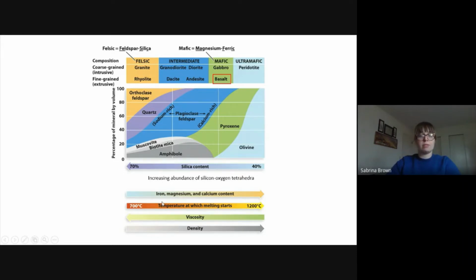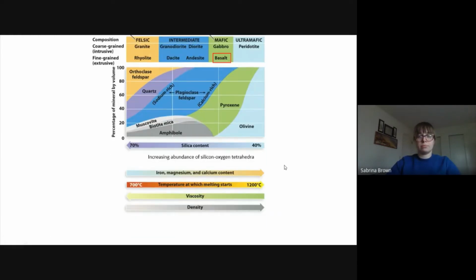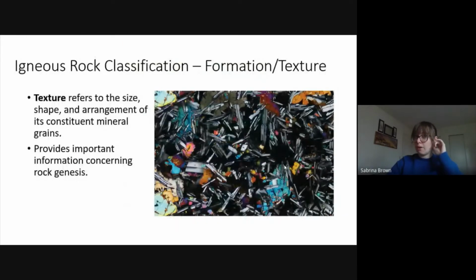And then we can also see that as temperature increases, viscosity decreases. Again, we will talk about a lot of those relationships when we talk about volcanoes in a couple weeks.